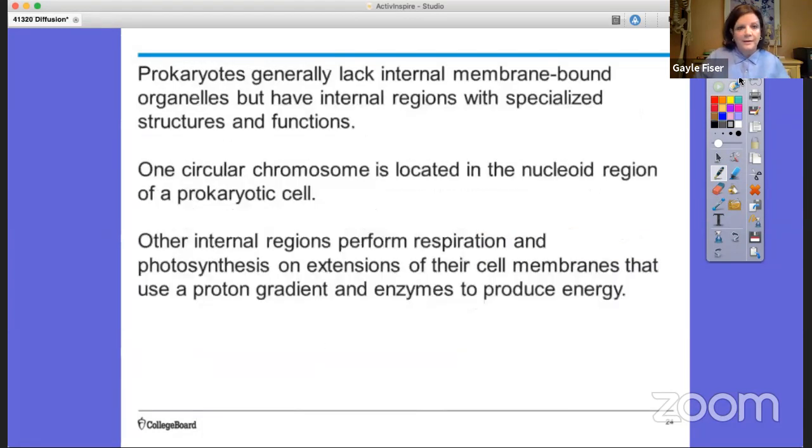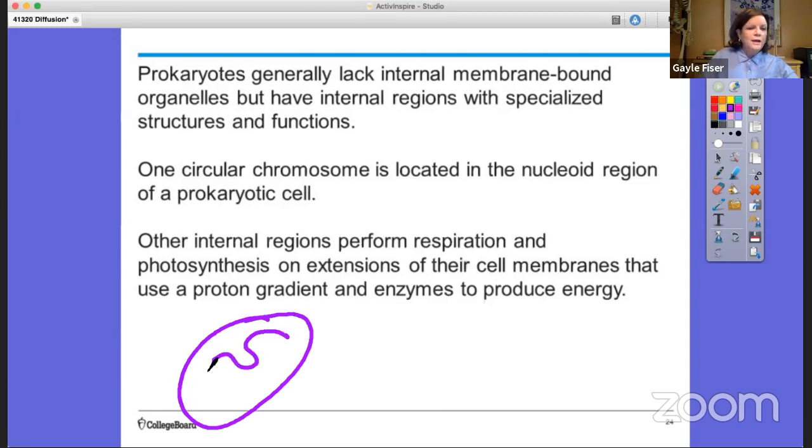All right. Prokaryotes generally lack internal membrane-bound organelles, but have internal regions with specialized functions. Let's draw one real quick. So let's say this is our prokaryote, and it has one continuous long circular chromosome.